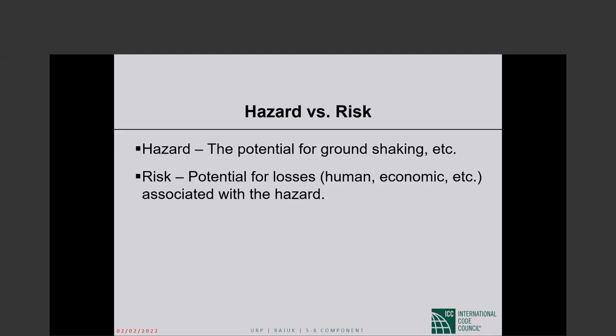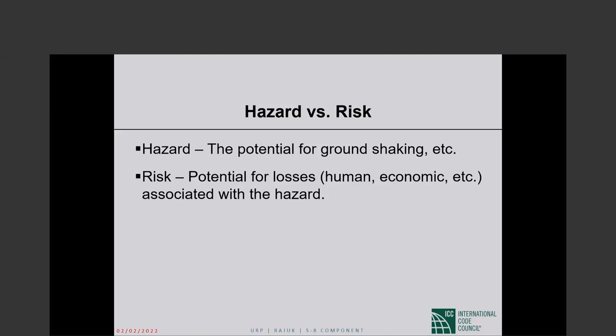So seismic hazard is a matter of geology, the tectonic environment of where you are, even the history of what has happened in the past, that sort of thing. It has absolutely nothing to do with the structures we build or live in and things like that.